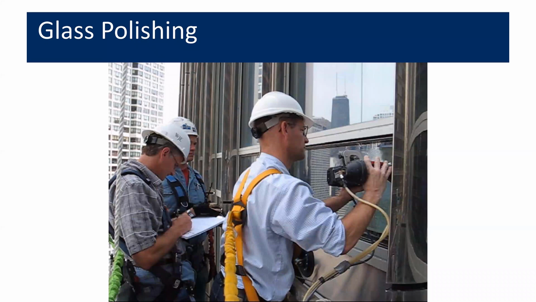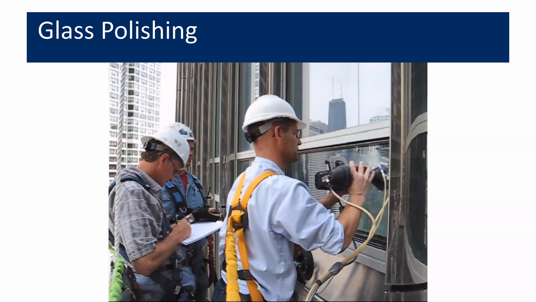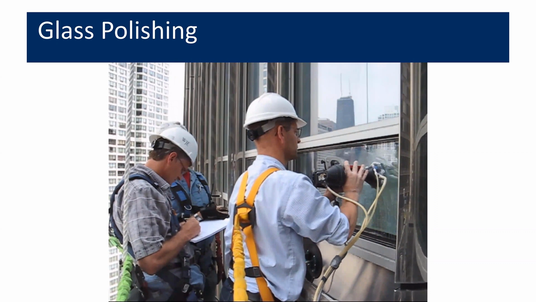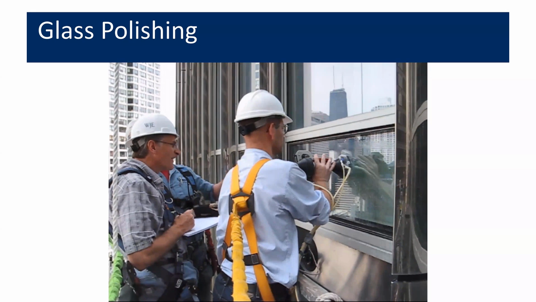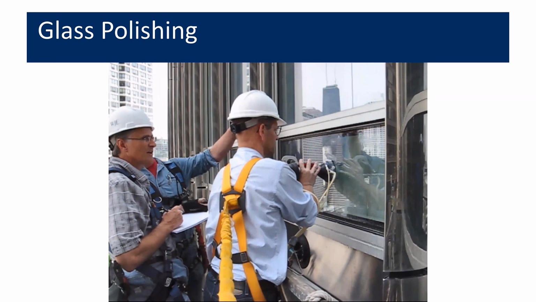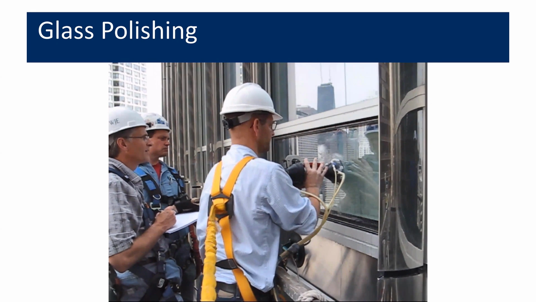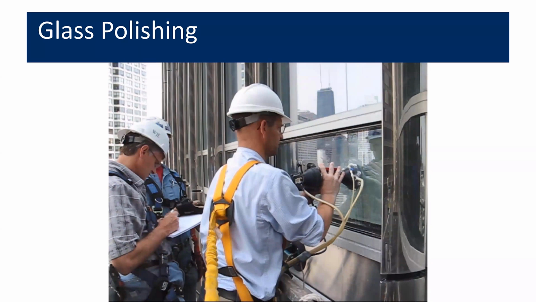There's another alternative, and that involves using some automated equipment that we'll show in this video, which recirculates that cerium oxide slurry through this equipment. It's all recirculated under that rubber shroud that's being pushed across the surface of the glass.